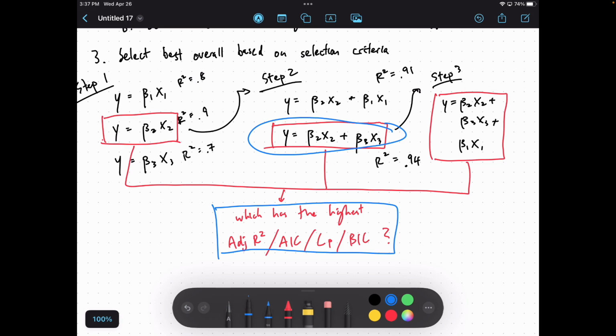Okay. And how many actual combinations are there? 2 to the 4th, right? So that would be 16. So the number of regressions that I would run is on the order of k squared versus 2 to the k.